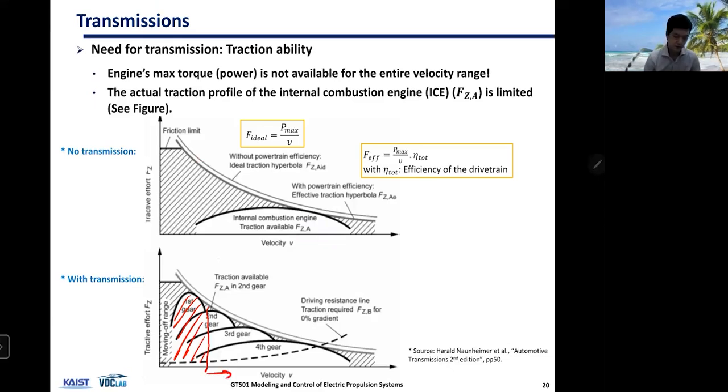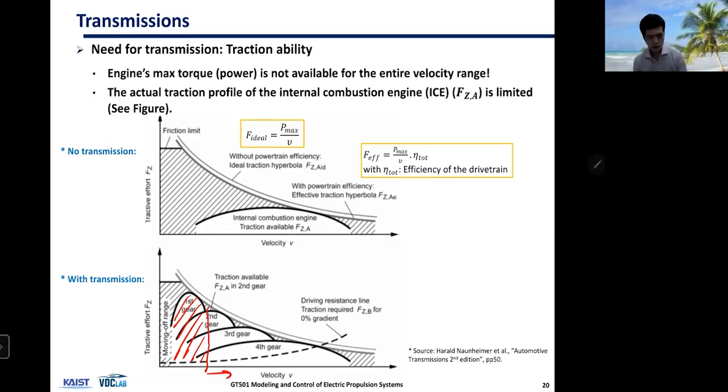So your vehicle will have large torque available for you, but if you only have first gear, single speed, then your vehicle will only be able to travel at, I don't know, 50 kilometers per hour or 40 kilometers per hour, and that's it. So you cannot move faster. You can think of it that way as well.